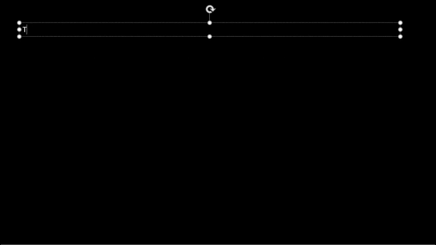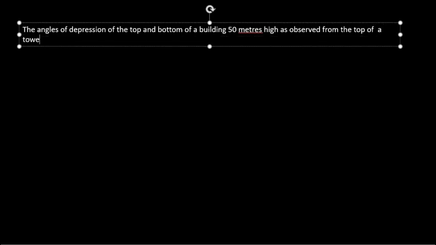The angles of depression of the top and bottom of a building (50 meters) high as observed from the top of a tower are 30° and 60° respectively. Find the height of the tower.